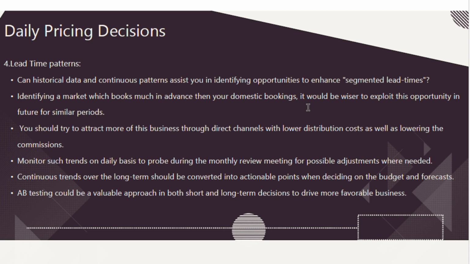We can discuss this in more detail, but just to mention here for someone at an entry level: usually OTAs charge hotels 18 to 20% commission for each booking you get from those particular online travel agencies. Whereas if someone books directly through your website, obviously it also has a cost.